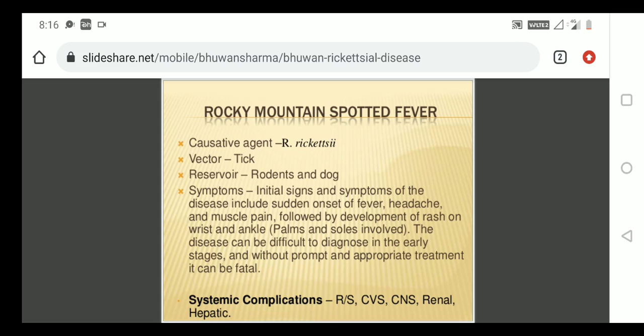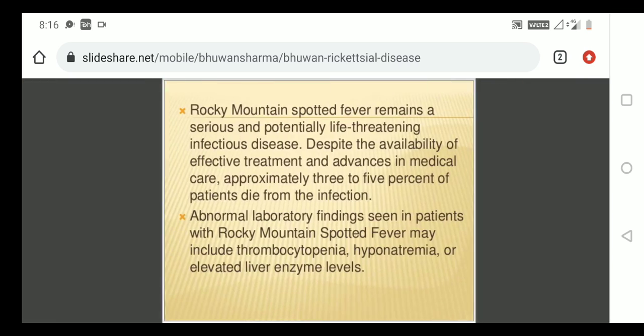Okay, and systemic complications will be there, such as respiratory system, central nervous system, cerebrovascular, renal and hepatic complications, once Rocky Mountain spotted fever is not treated properly. I have told you before, in the last class, at classification time itself, what the symptoms and complications are.